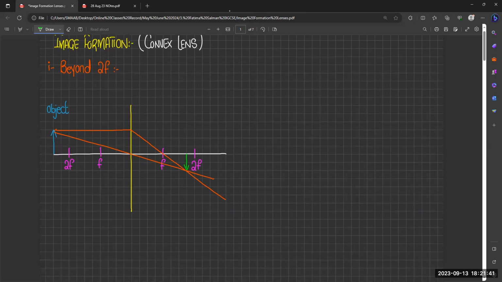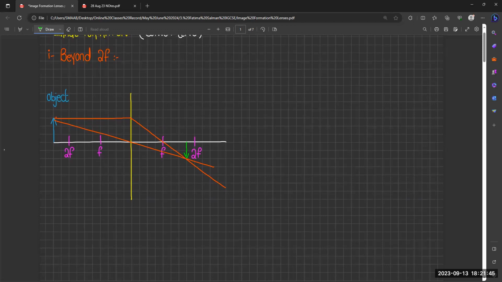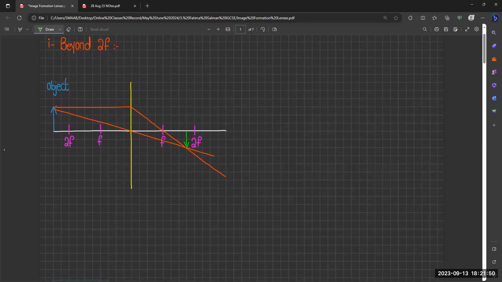So they also ask in exam to write the characteristics of the image or the specification of the image that is going to be formed at that point. So let's suppose if we want to write some points related to the image.